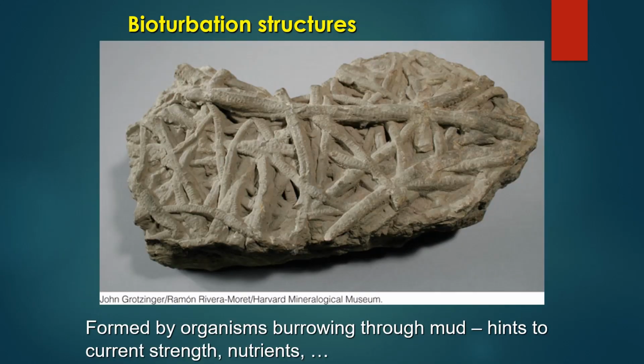Bioturbation structures are trace fossils left behind by creatures who lived in the environment. Bioturbation structures could be root traces, worm burrows, footprints, and other traces of many living activities. They can also be indicators of depositional environments of the ancient time.